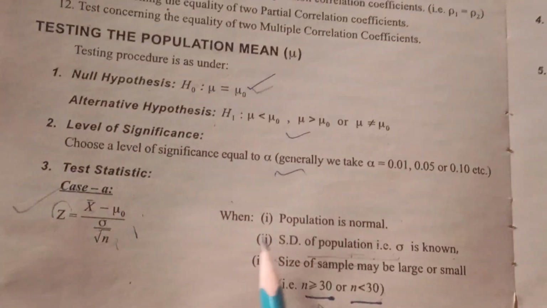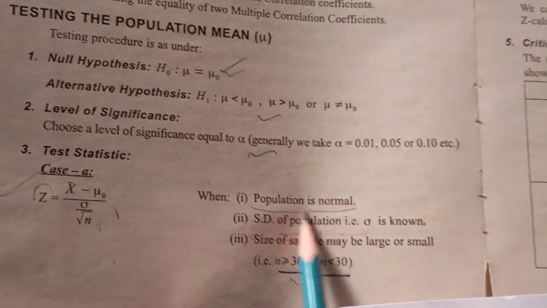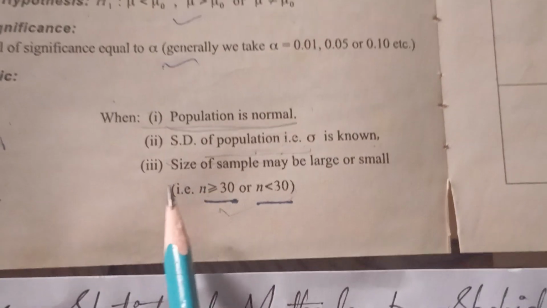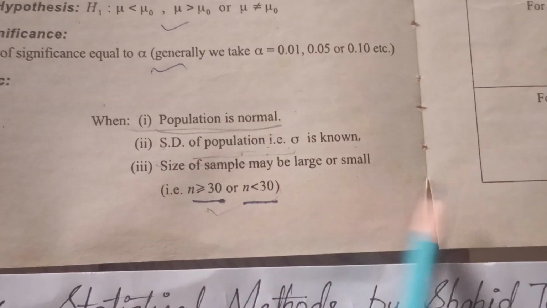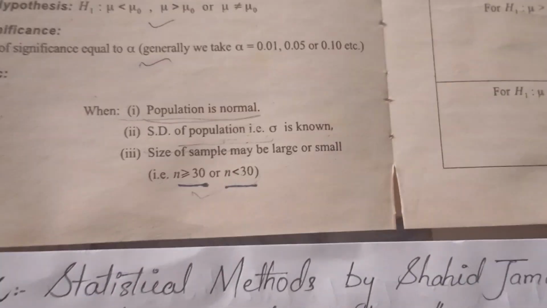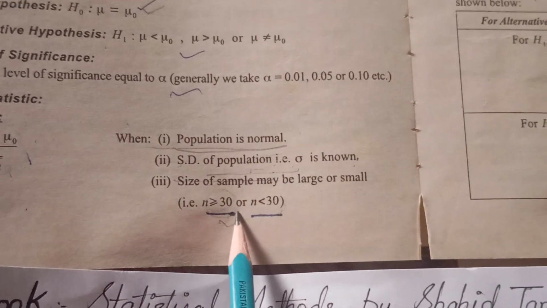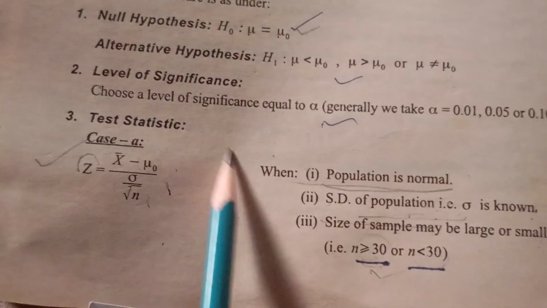So here we have case A. We use case A because the population is normal, and the standard deviation of the population is known, that is 18 hours. And what is the size of the sample, large or small? This is 30, that is greater than or equal to 30, so we use the case A formula.